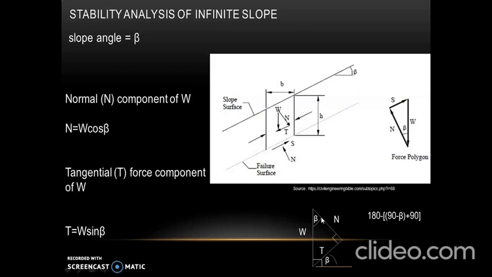So sin beta will be T divided by W. We need to find what is T. So T will be equal to W sin beta. So now from this triangle we got the normal component of W, that is N equal to W cos beta, and the tangential force component of W, that is T, which is equal to W sin beta.